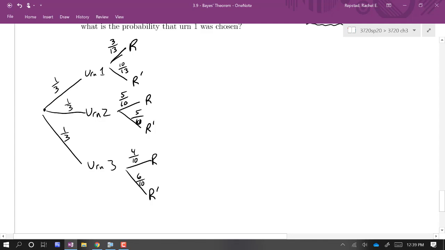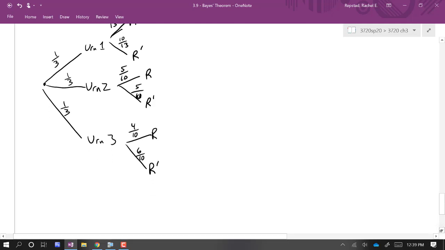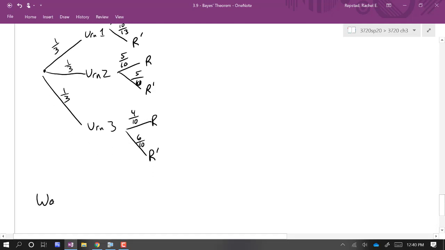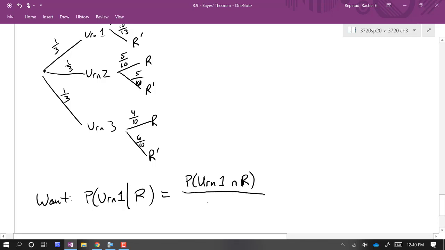Okay. So what we want is, if a red marble is selected, so if I know that the condition is that a red marble is selected, what's the probability that we chose urn 1? So what we want is the probability that we chose urn 1 given that we selected a red marble. We know that this is the probability of their intersection divided by the probability of getting a red marble, right?